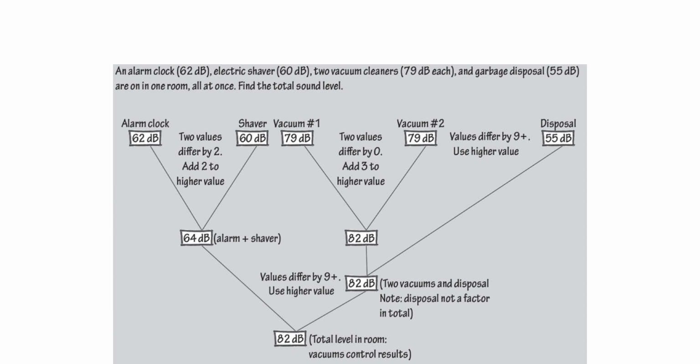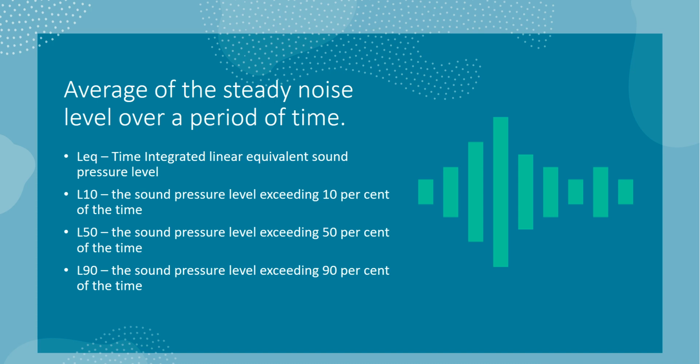So next, when we talk about sound criteria, there are multiple sources, and sound levels also depend on different time periods. So there is this concept of L equivalent, the time-integrated linear equivalent sound pressure level.